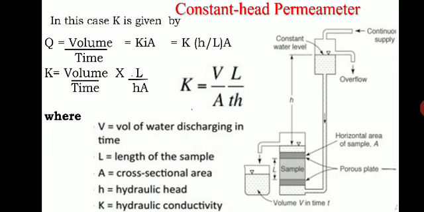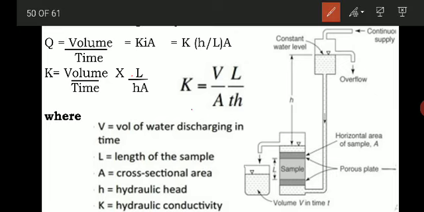Volume divided by time, V by T. So from Darcy's law, this Q can be written as KIA, where you can replace this I as H by L, and A remains as it is. Then K you can write as volume by time into L by H A, that is K = VL/(tAH).